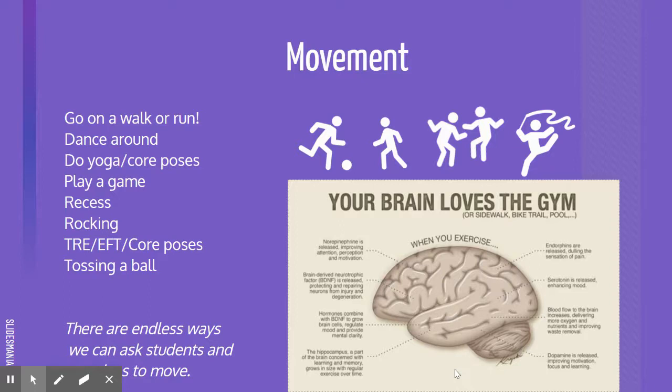I'm not going to read this whole slide to you, but you can see that the scientific evidence is there of why our brain loves to move, but also something that kids are always fascinated when I point out, especially core exercises, because our vagal nerve connects there to all of our major organs, and it's our body's natural safety mechanism. So you can see there are also endless ways, just like there are endless ways we can get students to breathe, there are endless ways that we can get them to move. I'll stop for a second so you can read the "Your Brain Loves the Gym" slide.